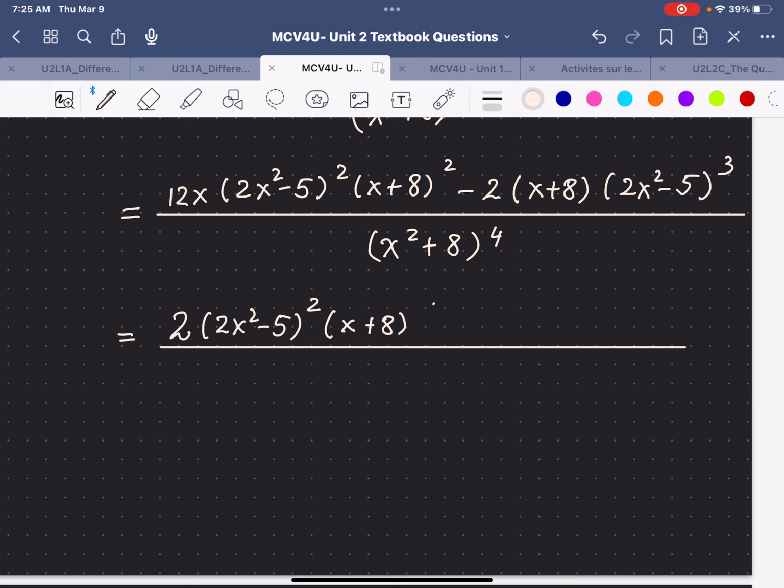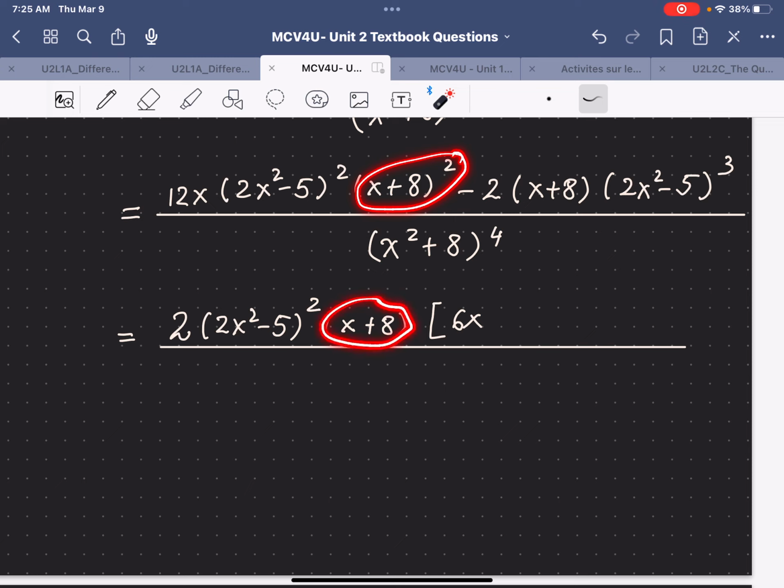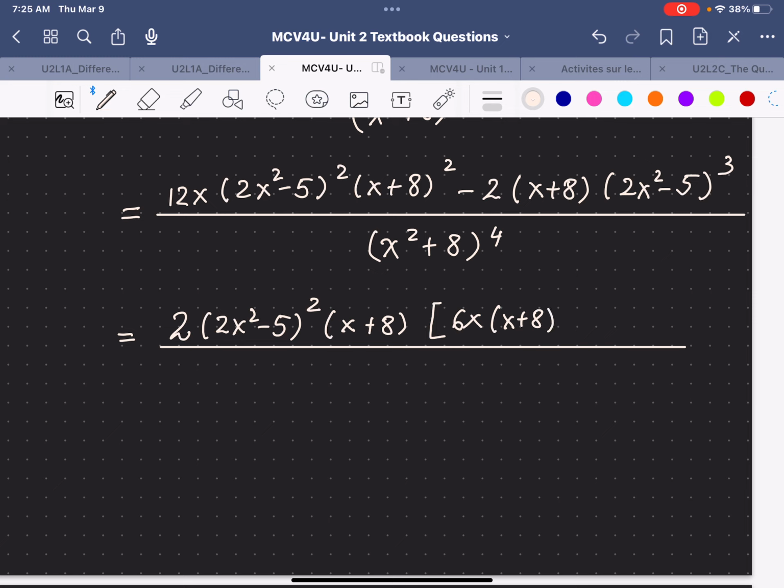And open square brackets, and we're going to write whatever is left over from each group of terms. So from 12x, take away 2, we get 6x. From (2x² − 5)², we have the entire thing out, so nothing left in. And from (x + 8)², x + 8 is out, so (x + 8) to the power 1 is in.